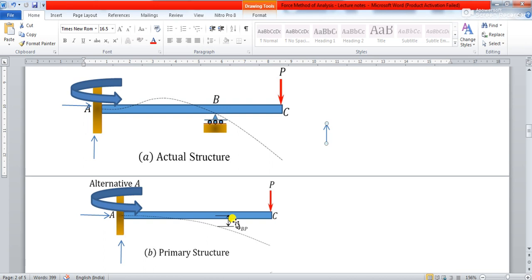So that is what I was telling you, that you must be well conversant with the deflection calculation of determinate structure before solving the structure using force method of analysis or flexibility method of analysis. If you do not remember what will be the deflection, or if you cannot calculate the deflection at this point because of this load P, then you will not be able to form the compatibility equation at all, right?